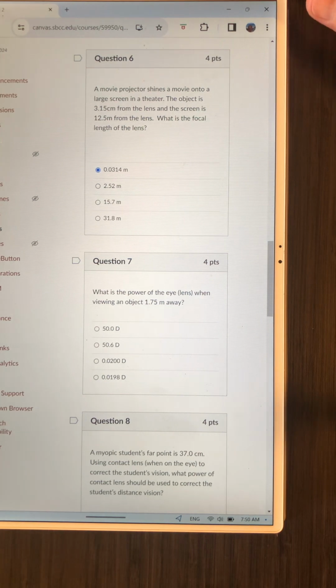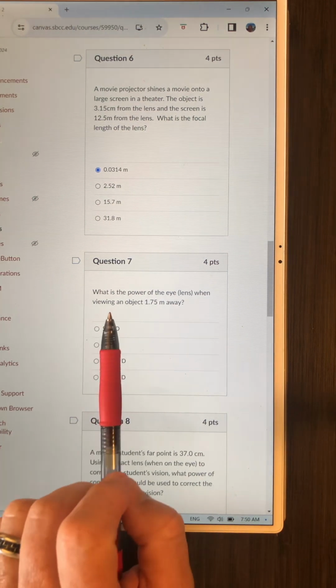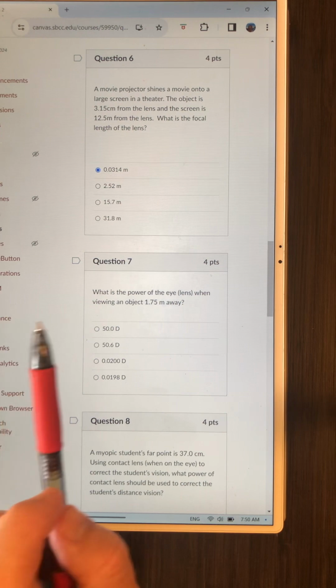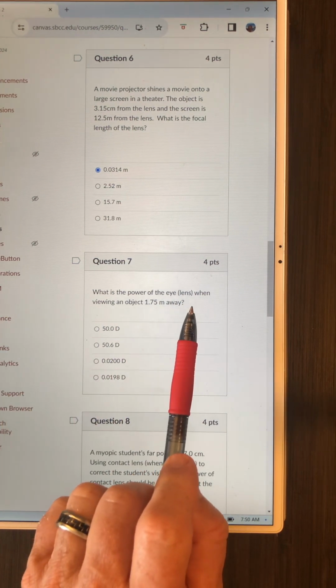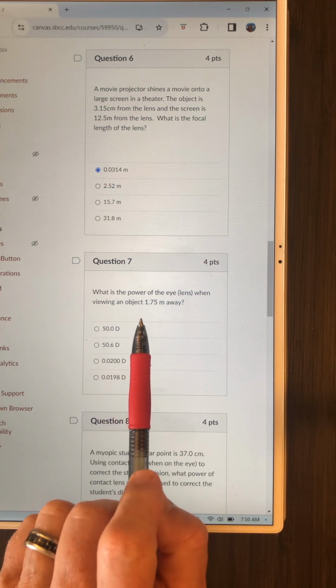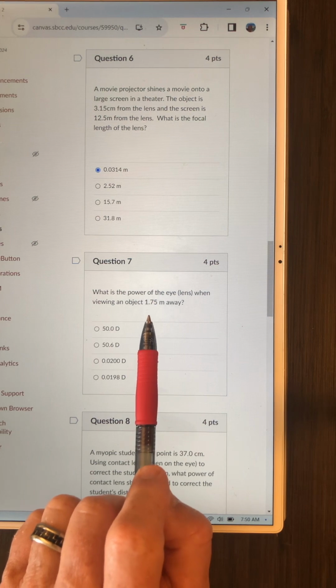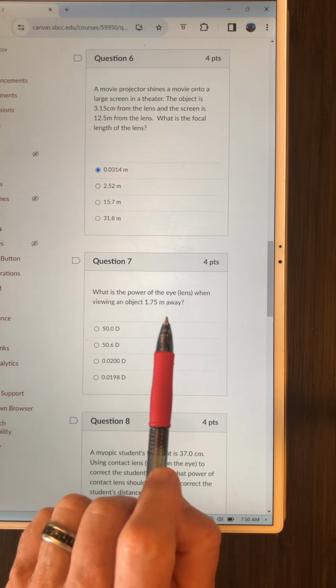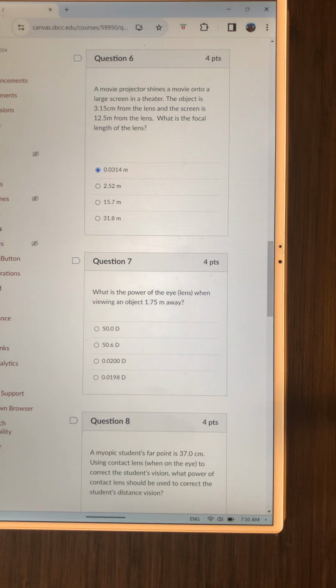All right. Going on to number 7, and again, you can see it's another lens one. It says, what is the power of the eye, that is the lens, when viewing an object that is 1.75 meters away?